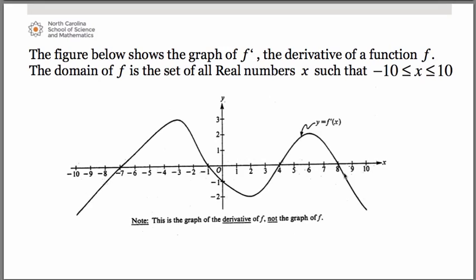Horizontal tangents on an original function occur where the slope of the tangent line is 0. Now, given that you're looking at the graph of the derivative, think on the original function. Where is it that the original function would have a slope of 0?